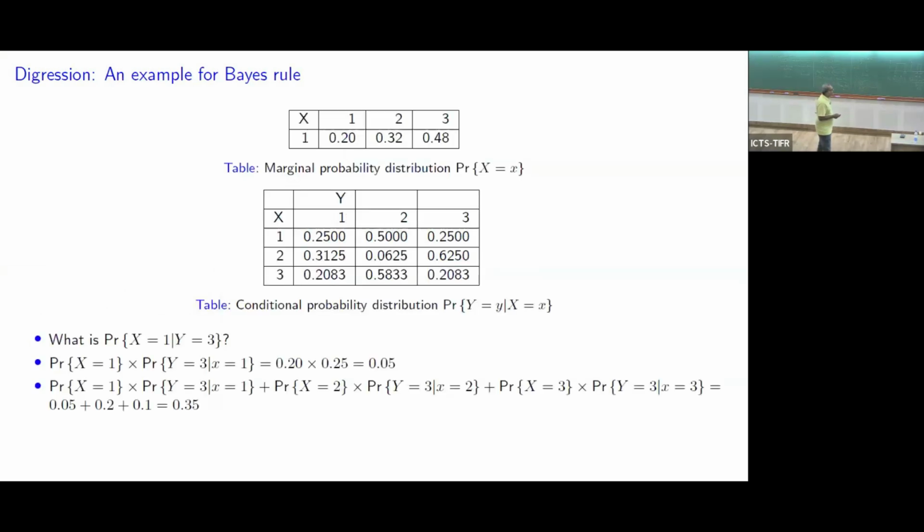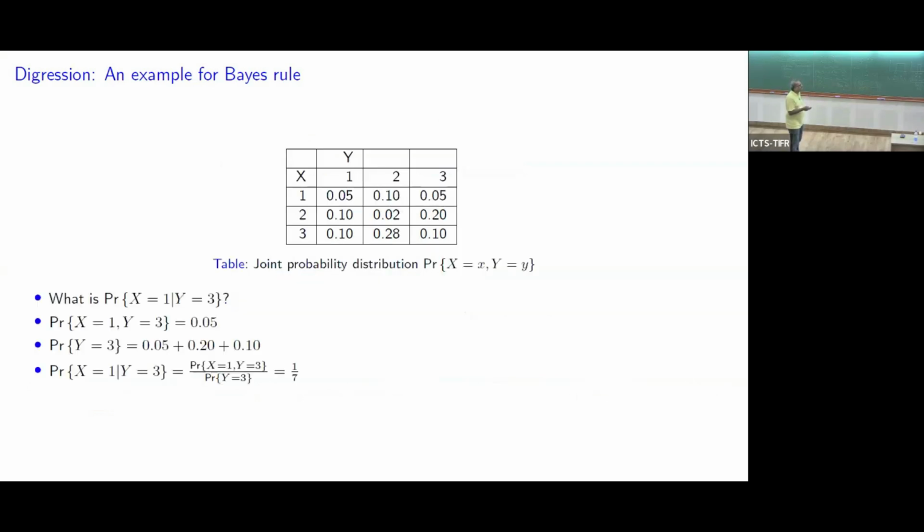So we have that, and then probability of y equal to 3 given x equal to 1. How do we find that? Well, we again have to use the definition of conditional probability. Probability of y equal to 3 given x is equal to 1 is probability of y equal to 3 and x is equal to 1, which is 0.05, divided by probability of x is equal to 1.